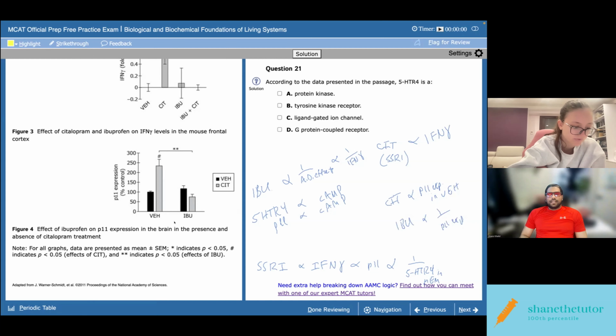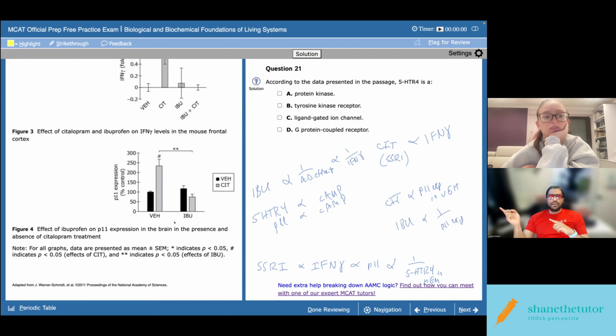So there's a lot going on here, but what we can see is that the more SSRI that you take, the higher amount of IFN gamma, which means a higher amount of P11, which means less of this 5-HTR4 in the membrane, and the 5-HTR4 also means more cAMP.